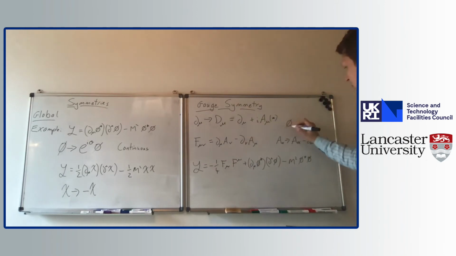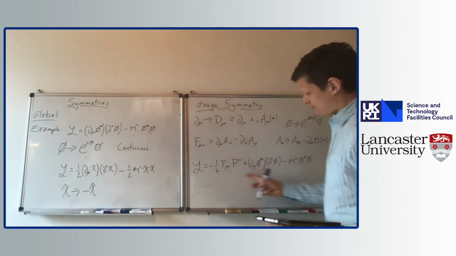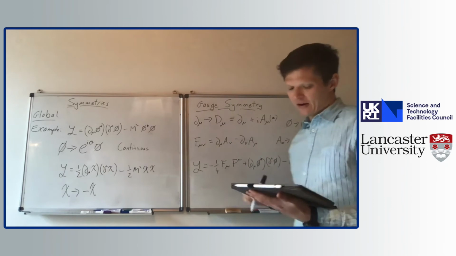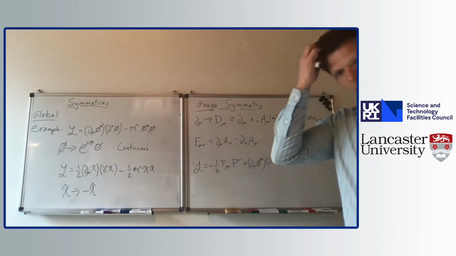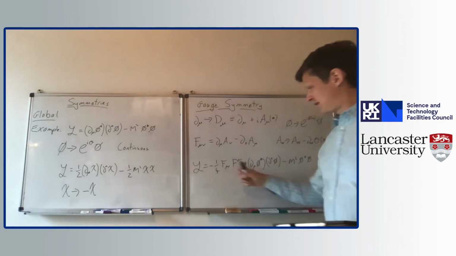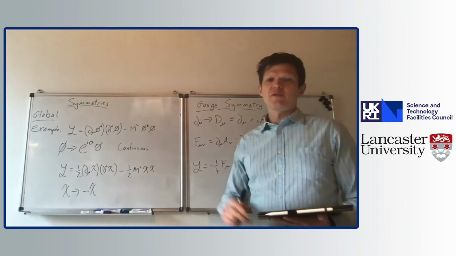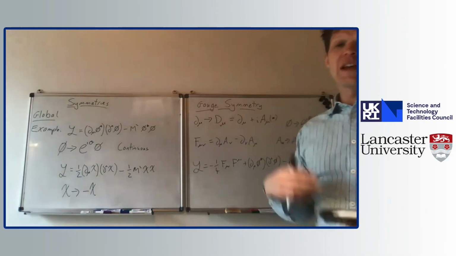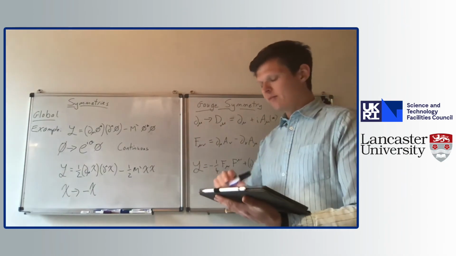I'll just recall that phi goes to e to the i theta of x phi. So under these transformations, this entire theory is invariant. We refer to this and this as the kinetic terms. As I mentioned before, they're the ones that are associated with sort of the energy of a propagating wave.